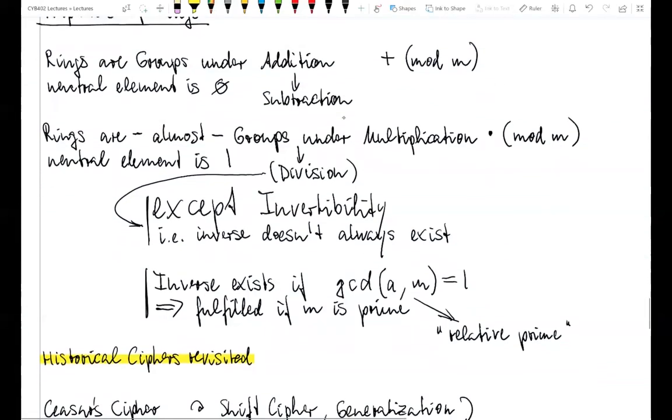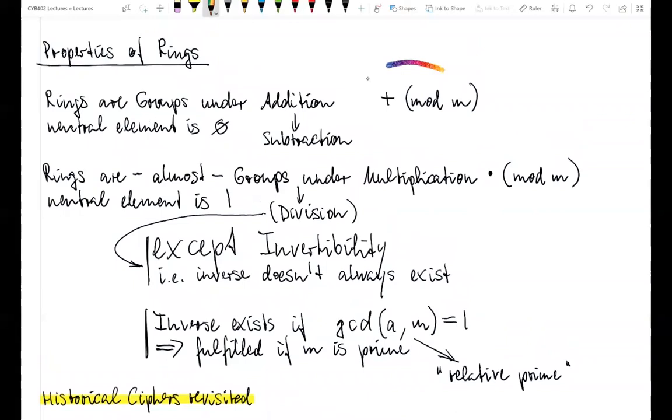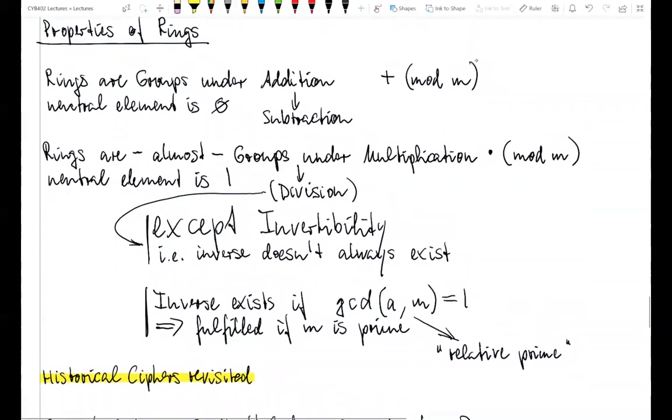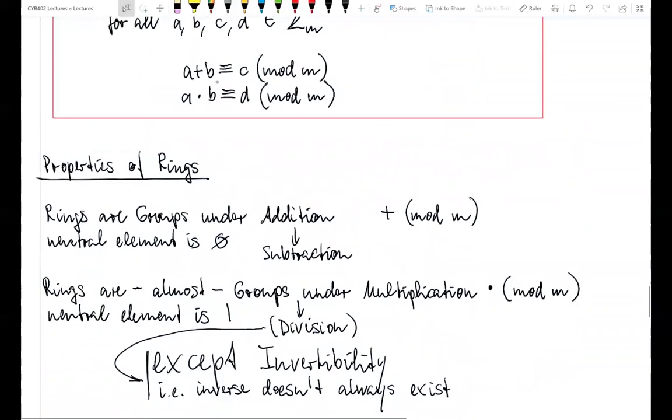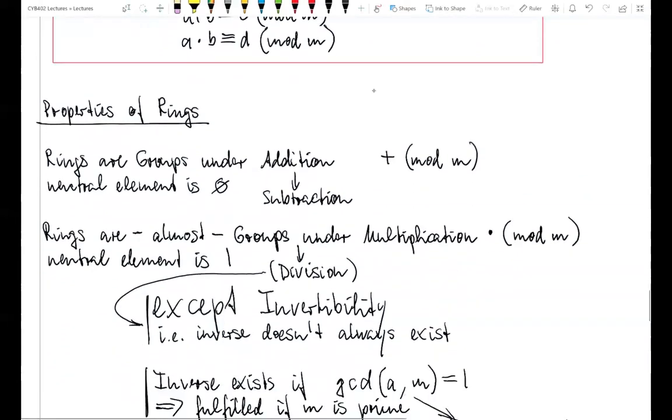So, and the whole thing modulo m, okay? So our rings, and we have a second operation. So we have the times operation, and rather the times, modulo m. Does that operation work?